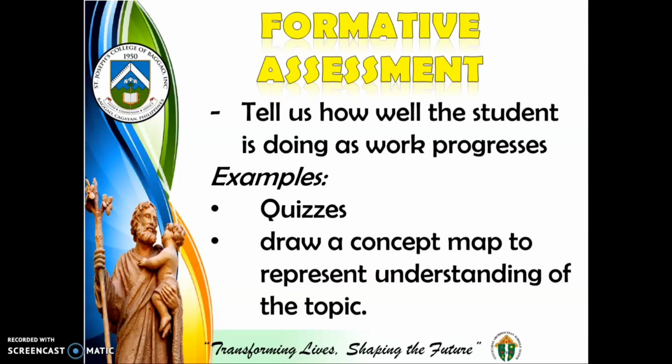With the given examples, class, we can immediately infer that it is given after a topic is discussed, to check whether the learners have grasped what you have just taught or not. In this type of assessment, you are merely forming them and not grading them.